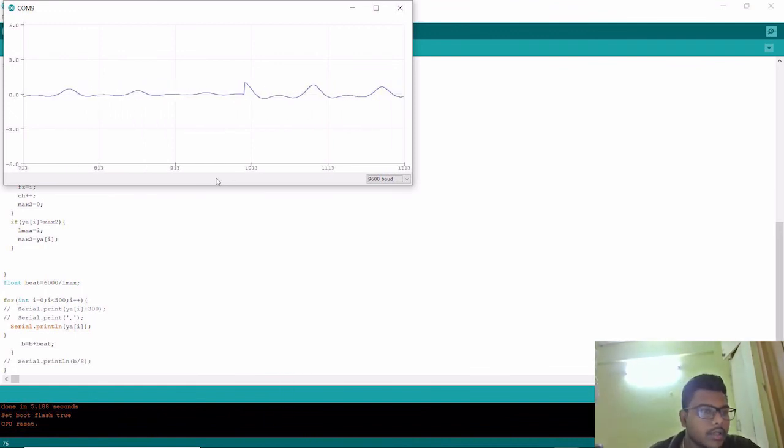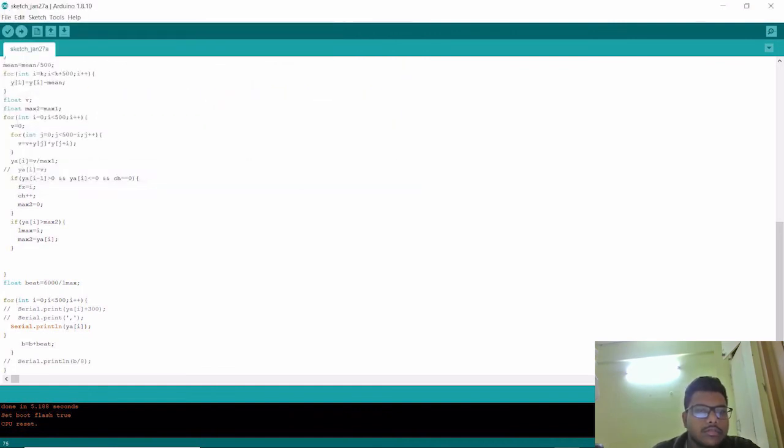So I uploaded the code and we'll find the results. See, this is the autocorrelated and normalized signal of the PPG signal. We also found the heartbeat of the signal. So let's find the value of the heartbeat.